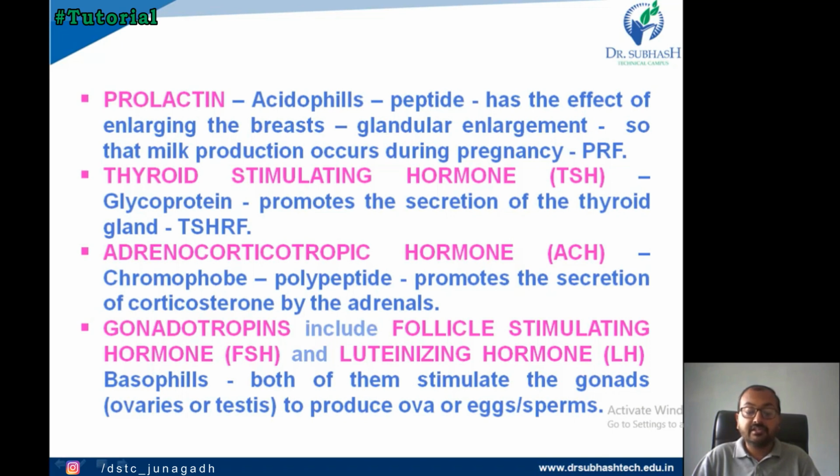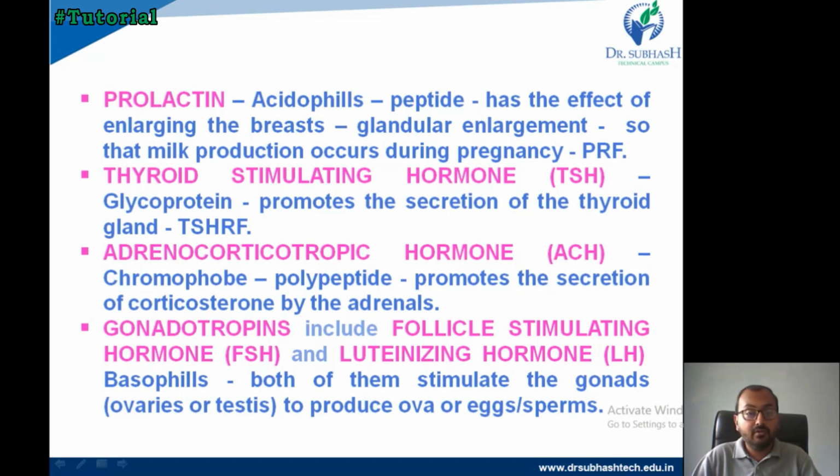As the name suggests, it controls the secretions of the adrenal cortex. The actions of ACTH are generally mediated through cyclic AMP. The secretion of ACTH is controlled by ACTH releasing factor that we have discussed, and the conditions of stress also control ACTH release.